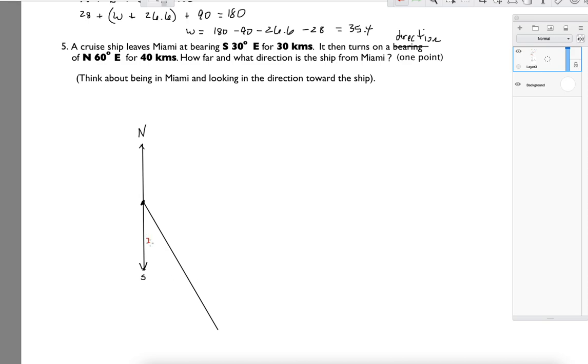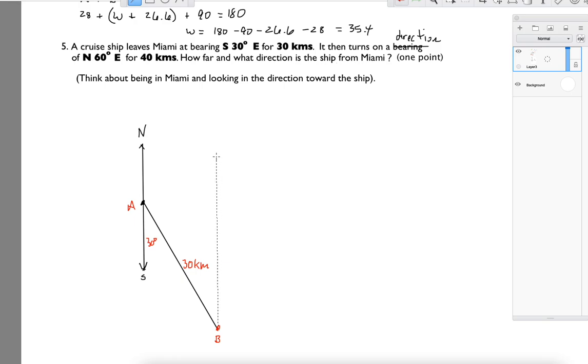So this is going to be 30 degrees here, and this length is 30 kilometers. So I started at A, I'm now at B, and now we are going to turn, and we're going to go north 60 degrees east.